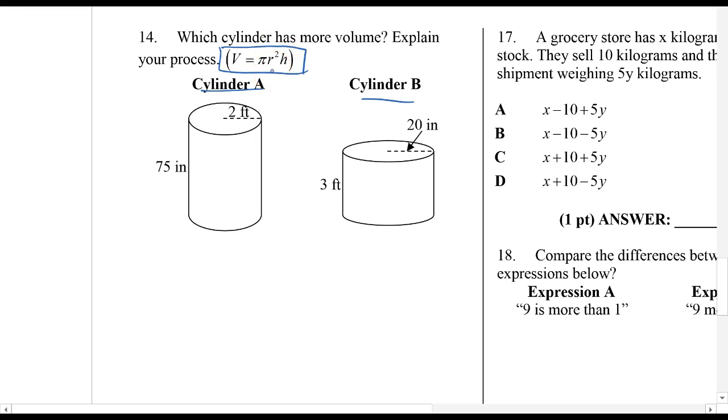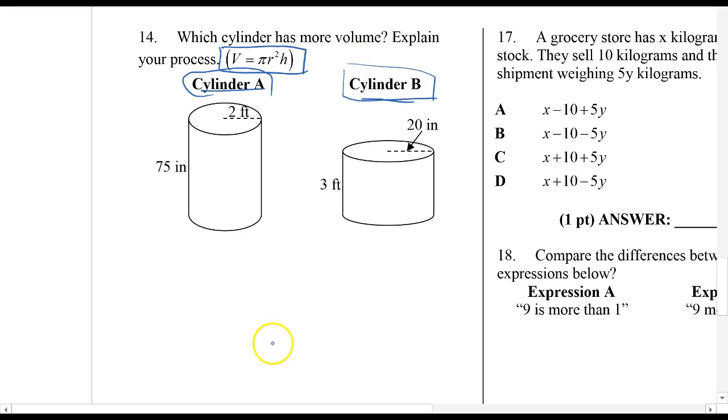Now, just like the other problems, to find area or volume or perimeter, both of these measures have to be the same. In the end, we're looking to see, is cylinder A bigger or is cylinder B bigger?